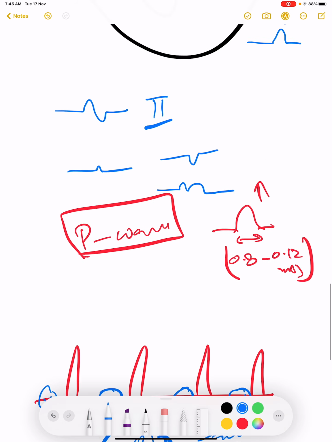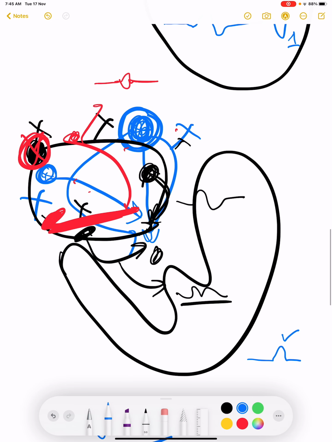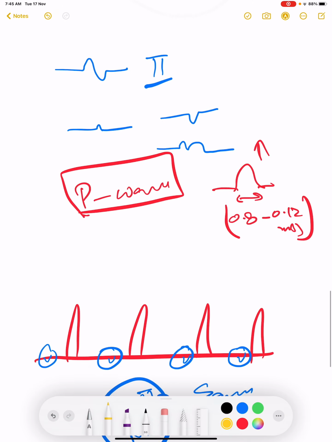And now sometimes what happens is that there is not only a single node present in the atria, there are multiple nodes present in the atria and they are generating impulses at the same time. Because the multiple nodes will be located at different places, their places of origin will be different.